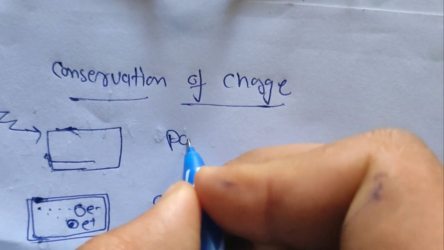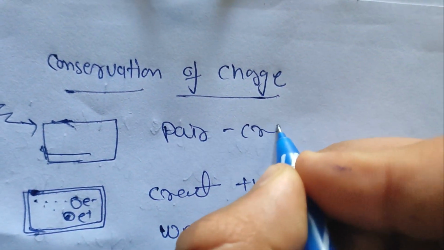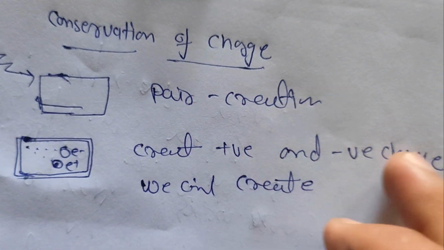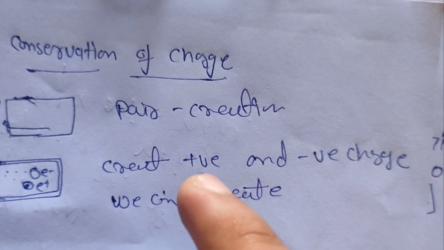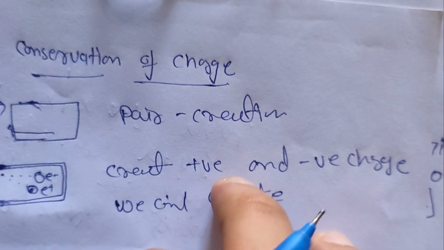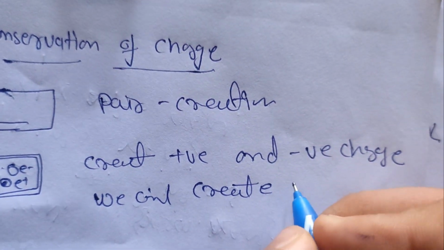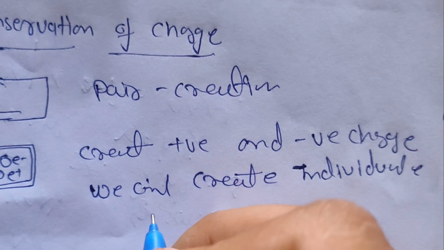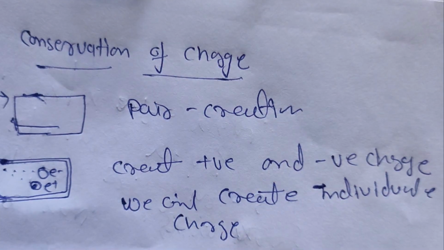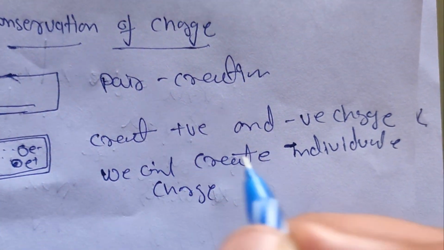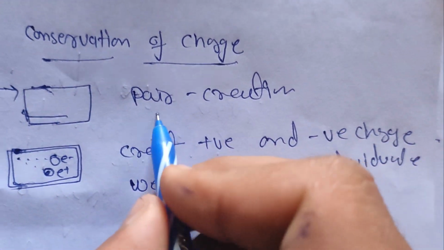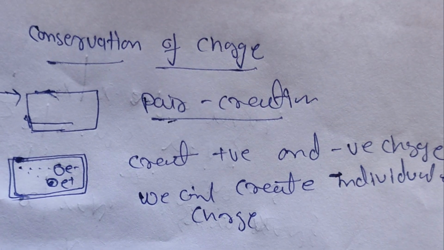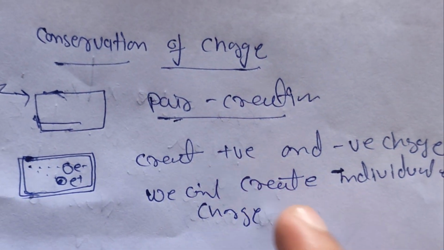When you create a positive and a negative charge, we create them in a pair, but we can't create an individual charge, only positive or only negative. We create a positive and a negative together. Charge we obtain is always in a pair.